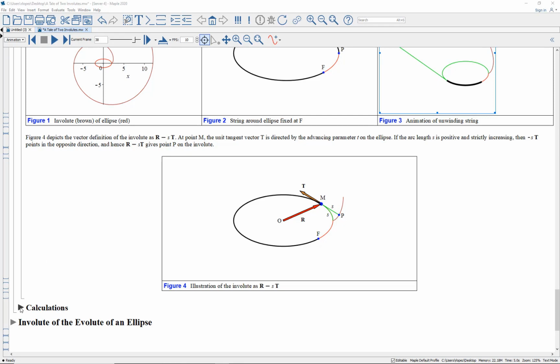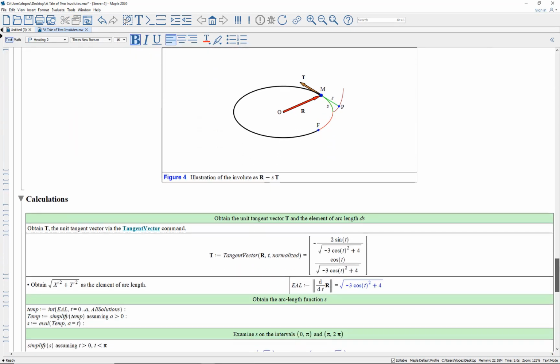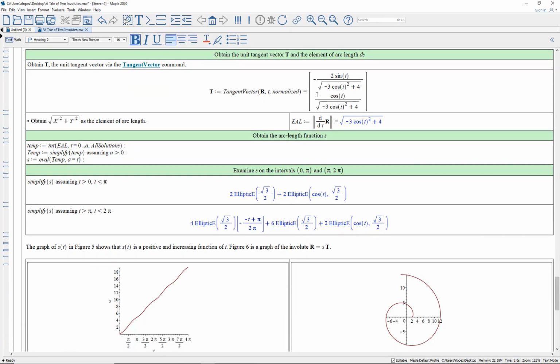Let's look at the calculations by which this involute would be found analytically. We're going to need that gold tangent vector, so we use the tangent vector command in this vector calculus package. Comes out to be this unit vector. We want arc length, so we need an element of arc length.